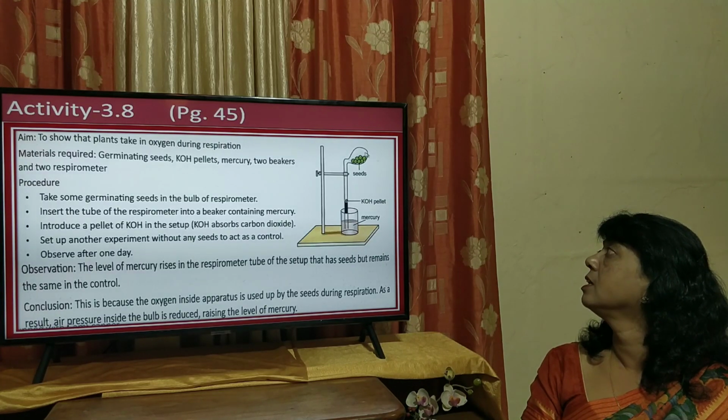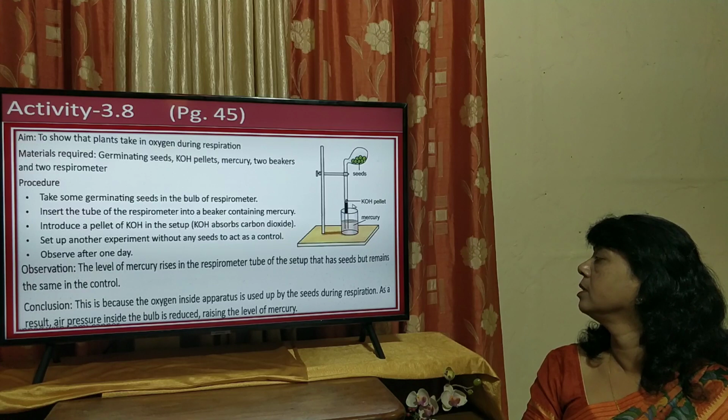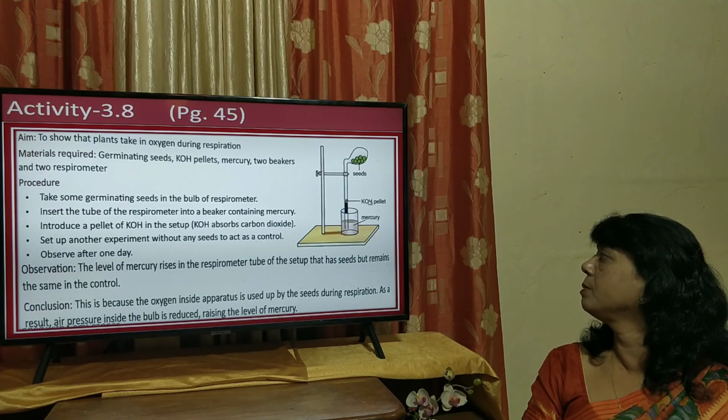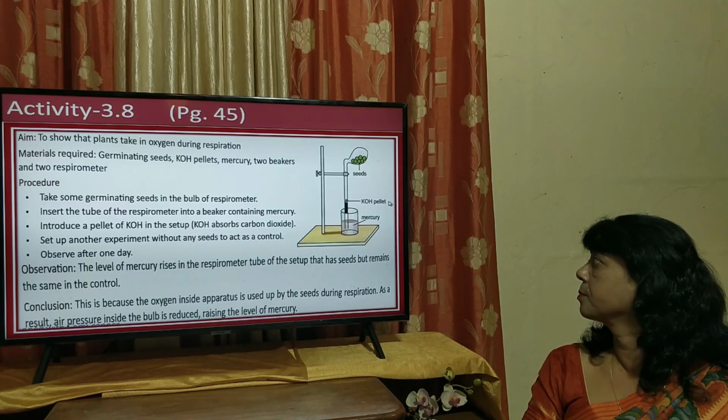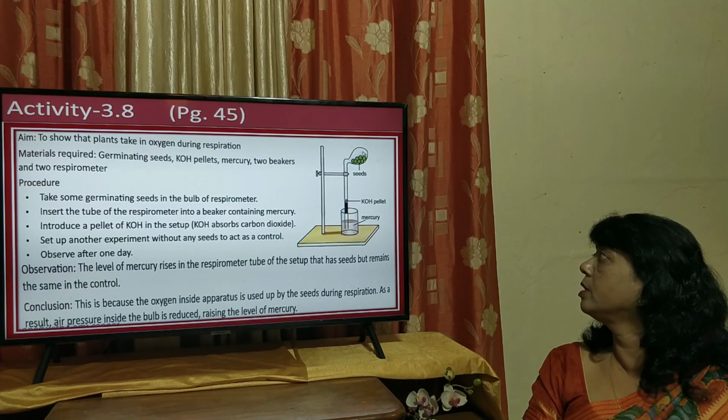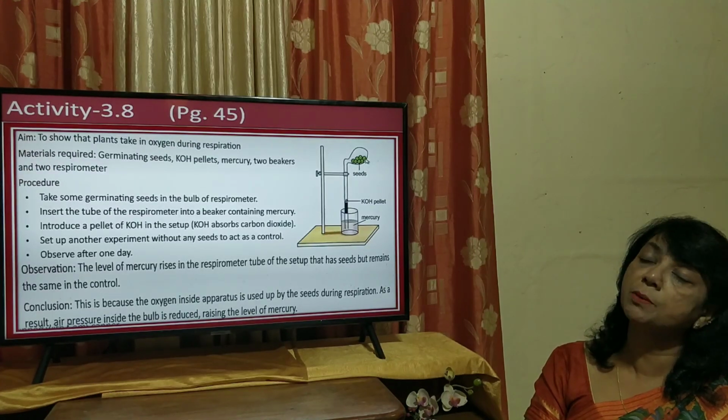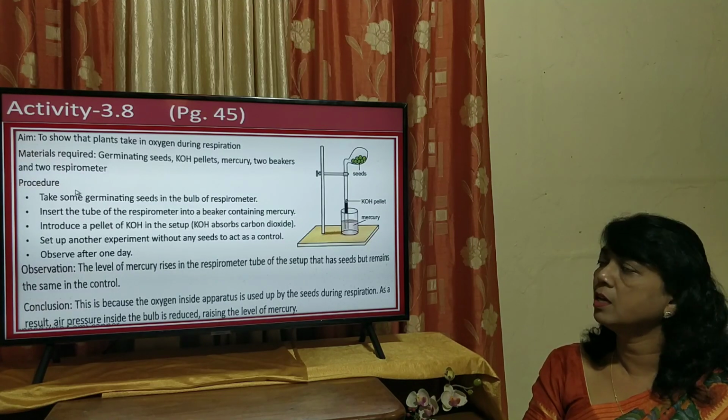This is the respirometer. Inside it we'll be keeping KOH pellets or KOH crystals, and in a flask we'll take some mercury. This is the stand which is used to hold the respirometer. Inside this respirometer we will keep germinating seeds.